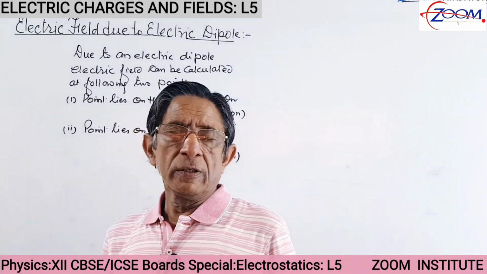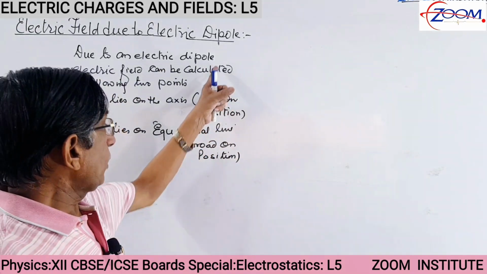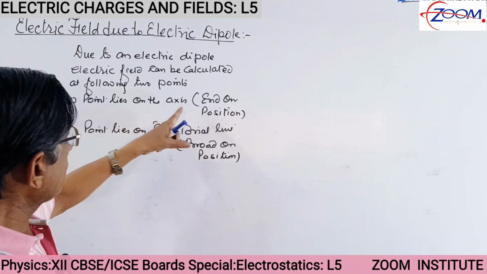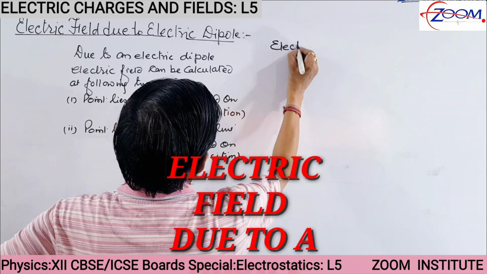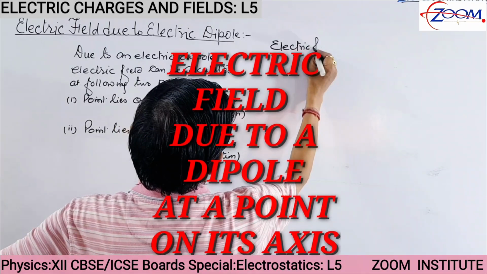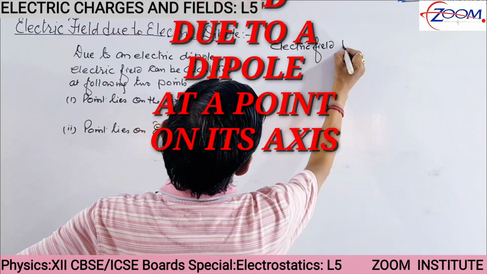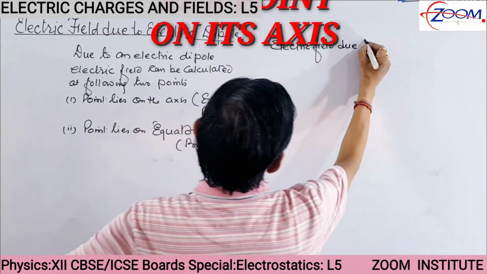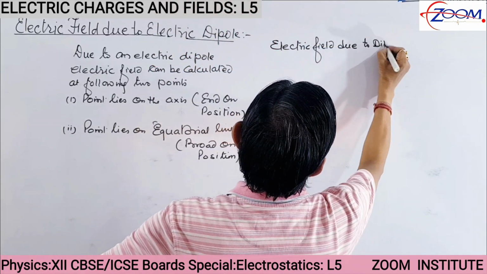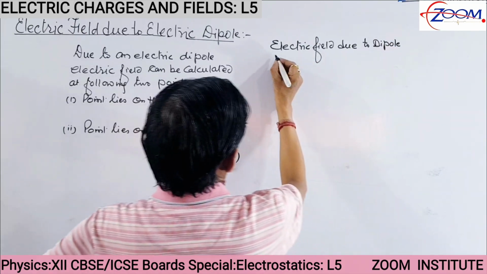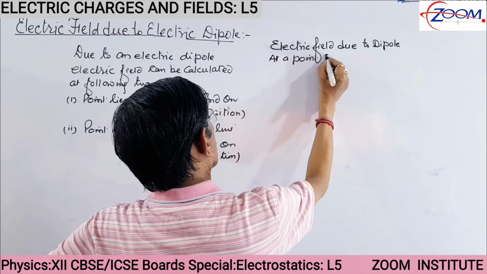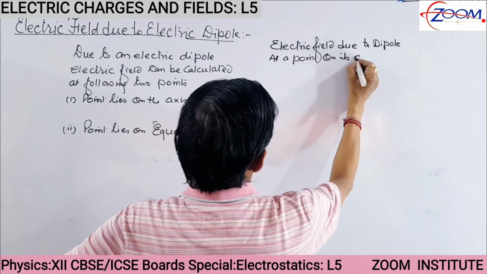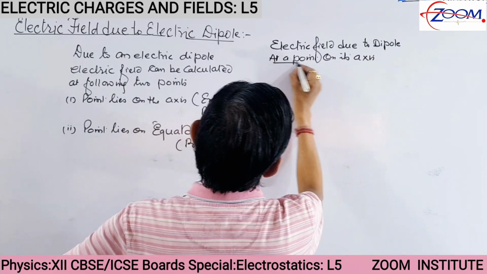So first of all, let us proceed to calculate the electric field at a point on axis. Electric field due to dipole at a point on its axis.